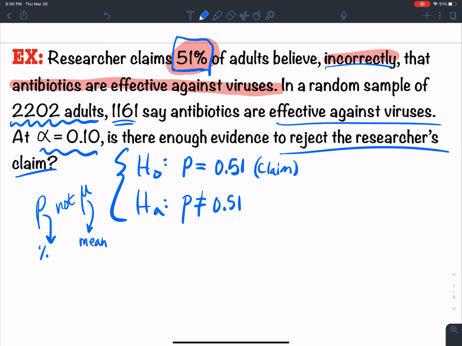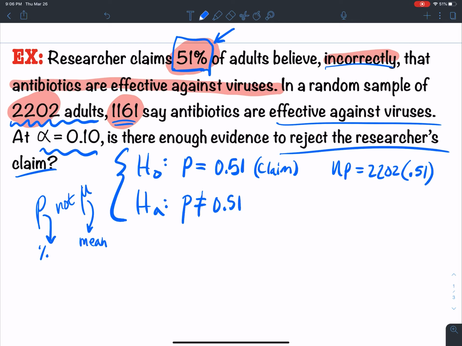That's the alternative hypothesis. Now, to use the test, we have to make sure that np is greater than or equal to 5. What is np? n is the total number of people that they sampled, 2,202. The proportion p is 0.51.